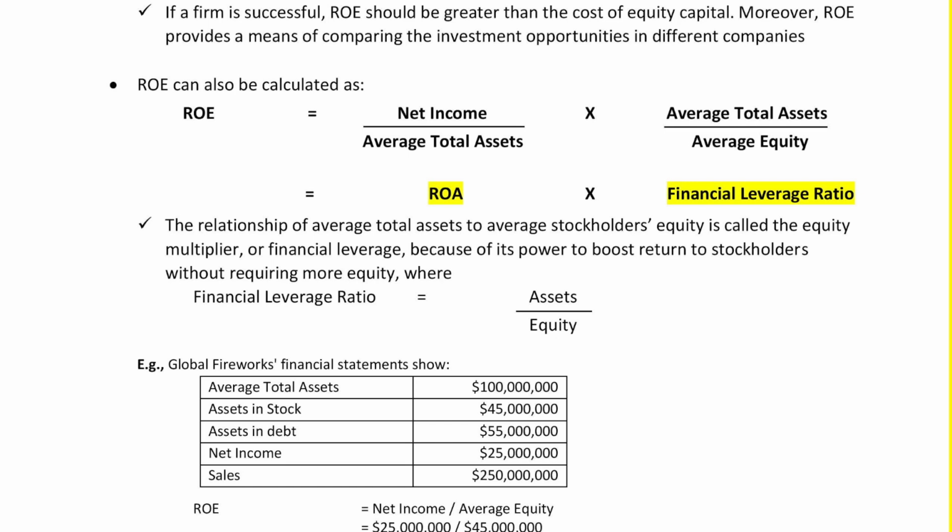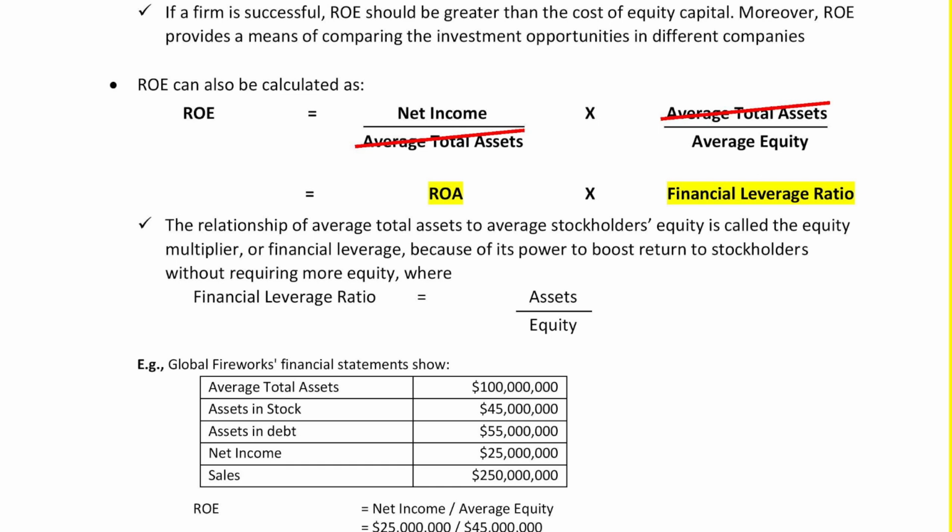When we multiply return on assets by the financial leverage ratio, you have net income divided by average assets multiplied by average assets by average equity. Now scratch off average assets on both the ratios. That gives you ROE, which is net income divided by average equity.